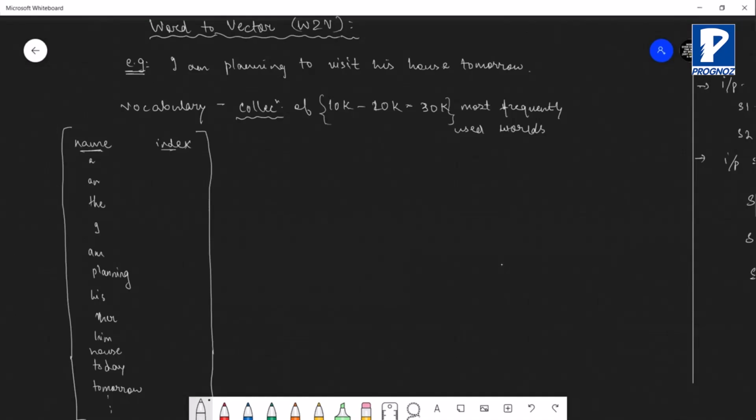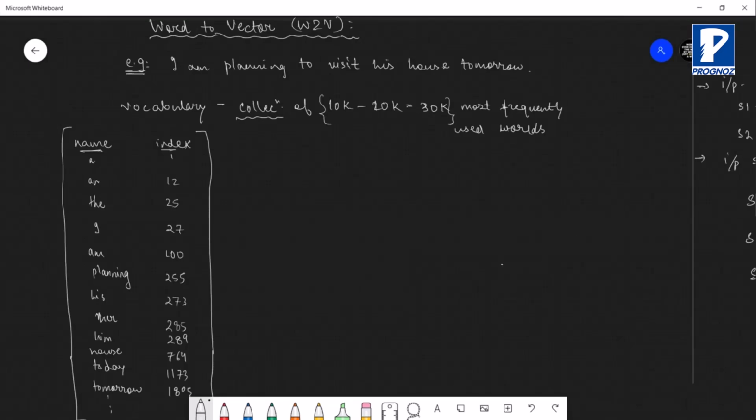For instance, suppose we start numbering here. Let's say the index position of A is 1, N is 12, D is 25, I is 27, M is 100, planning is 255, his is 273, her is 285, him is 289, house is 764, today is 1173, tomorrow is 1885, anything.